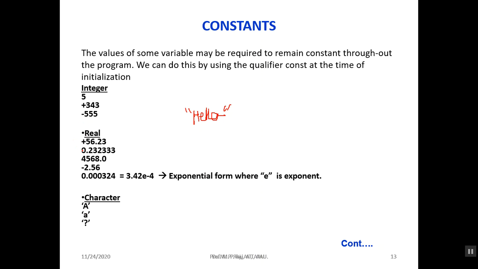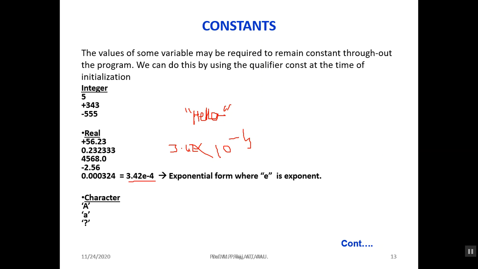I can put a plus sign in front of numbers and a negative sign also, but the plus sign is optional. I can also include a decimal number in it. I have an exponential representation of it, that is 3.4 into 10 raised to minus 4 or 3.42 into 10 raised to minus 4.